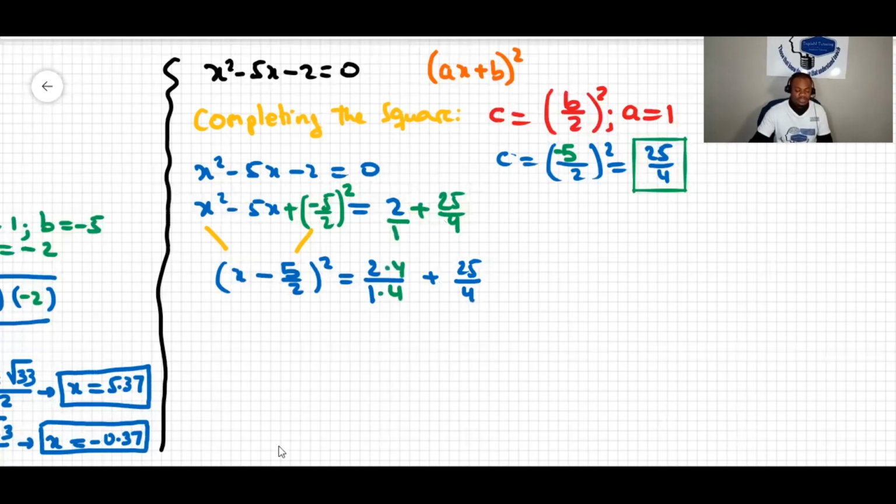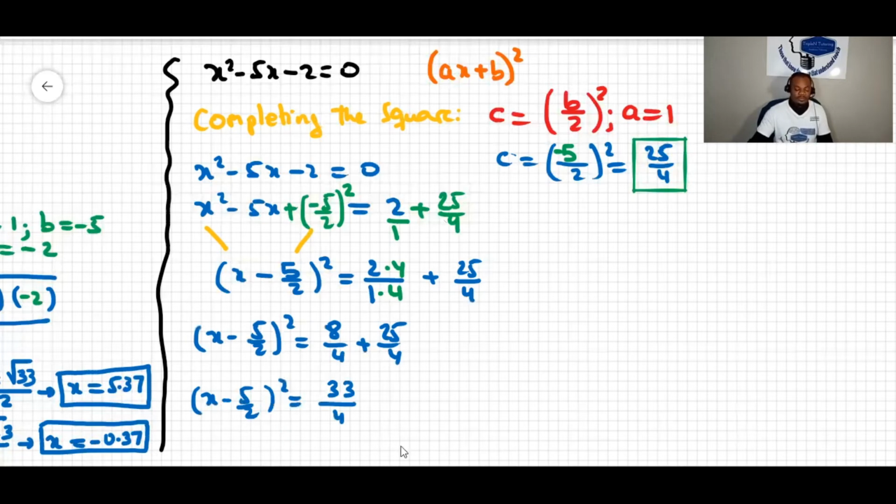This will be (x minus 5/2) to the power of 2, and then this will be 8/4 plus 25/4. That makes (x minus 5/2) to the power of 2 equal to 33/4. Because the denominators are common now, we can just add 8 plus 25, which is 33.